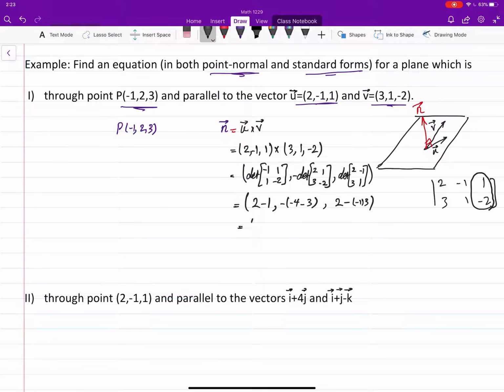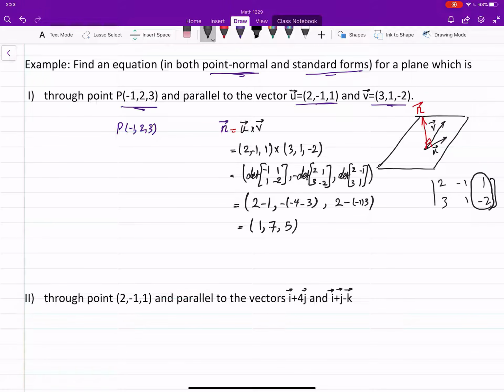And that gives us a normal vector: 1, -7, 5. Yes. Okay, now we found the normal vector.